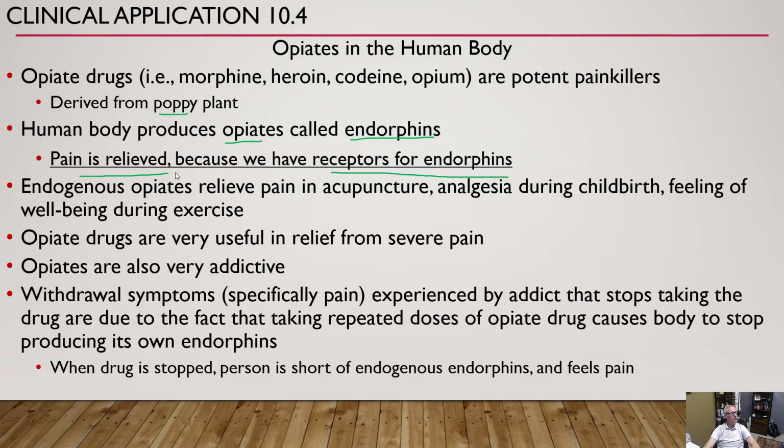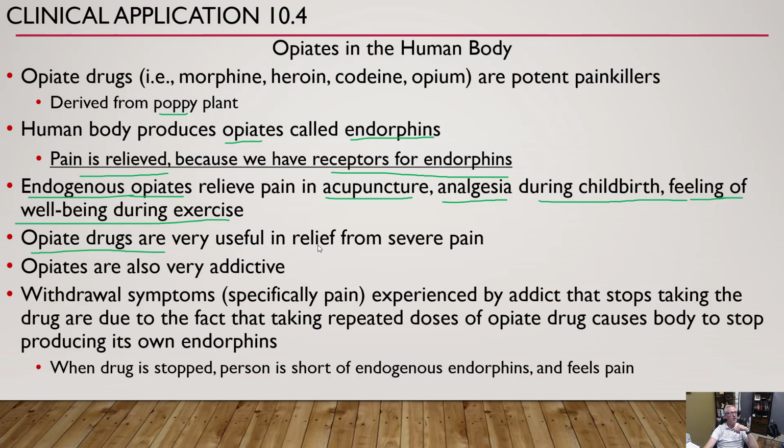We can also relieve pain through acupuncture because of those. Endogenous opiates also account for analgesia in childbirth and the feeling of well-being during exercise, that natural endorphin release.